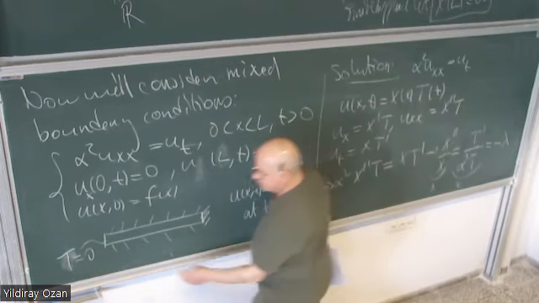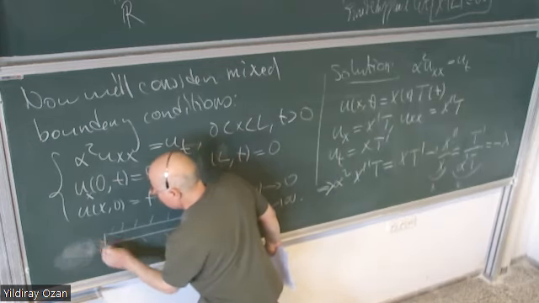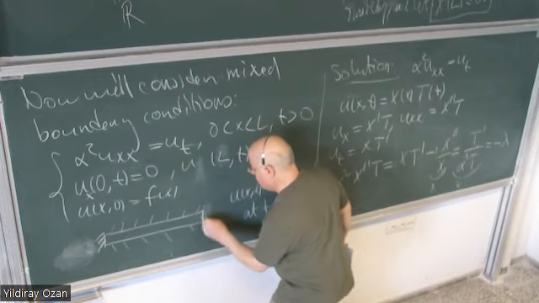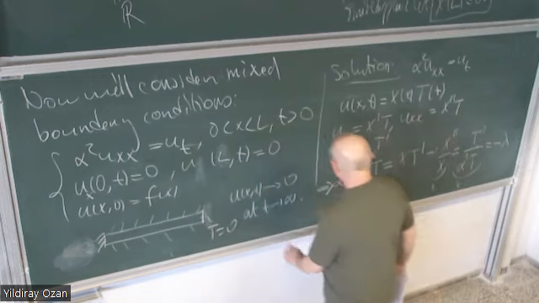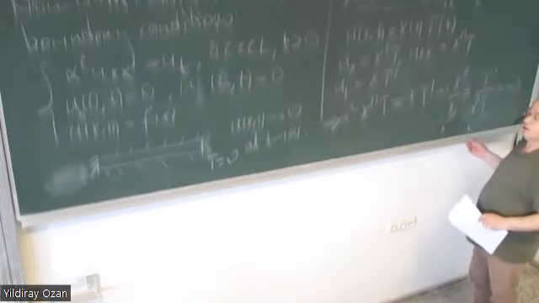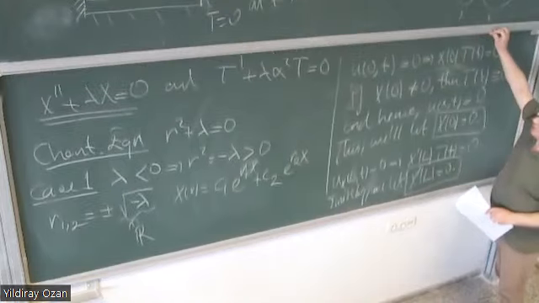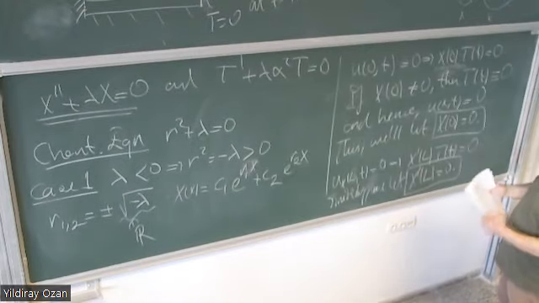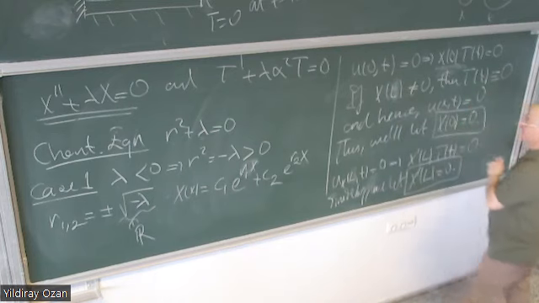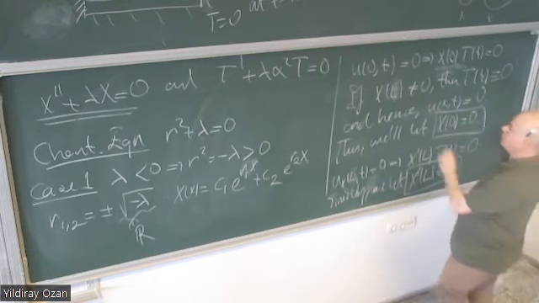So this end is insulated and this end has temperature 0. Okay. So this will change what? Bu L'de 0 değil mi?